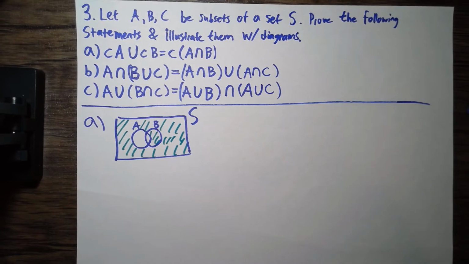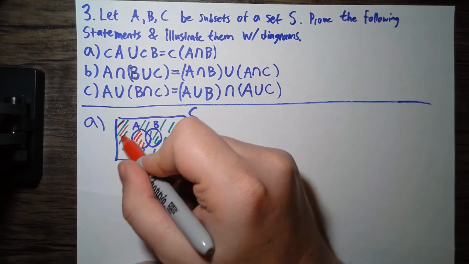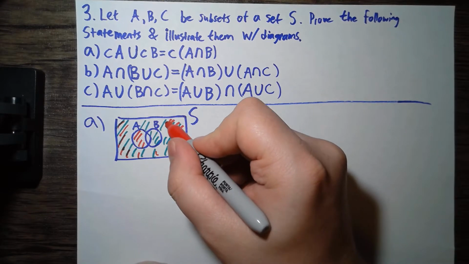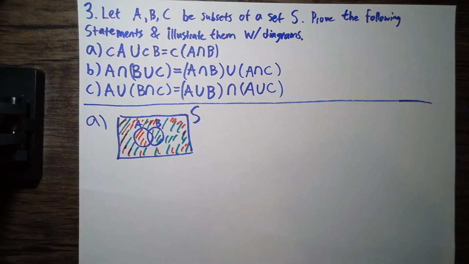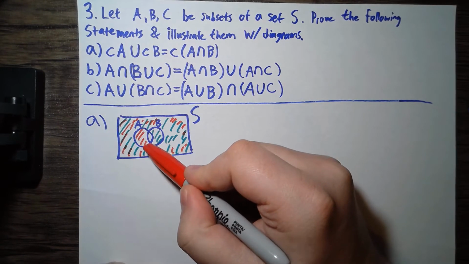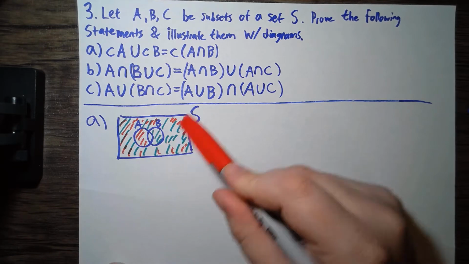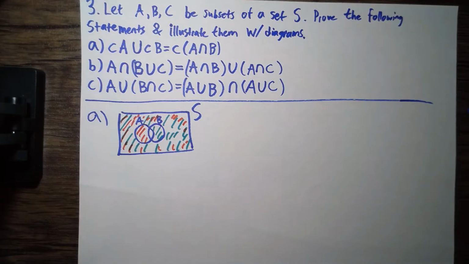And the complement of B will be everything that's in this red. So if you just look at the picture, the only thing that's not highlighted is the intersection. Thus, this will be the complement of A intersect B, like the statement says. So let's see how we would write this out.